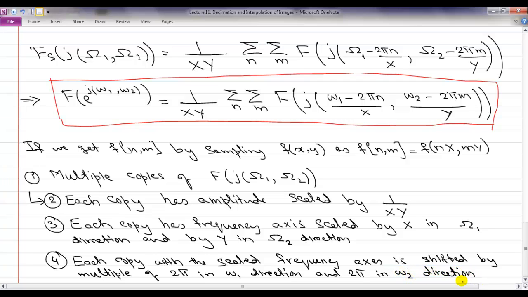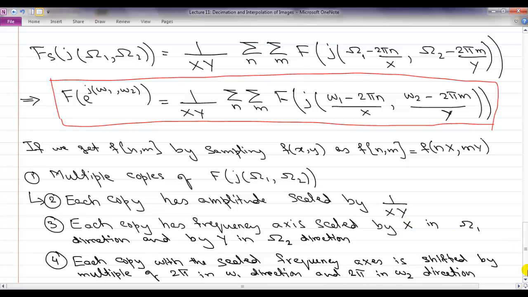So it's a simple extension of the 1D case that we saw, where again the Fourier transform is simply given by multiple copies. Each copy has amplitude scaled by 1 over t. The axis gets scaled by multiplication with capital T, and then you shift them by periods of multiples of 2 pi.